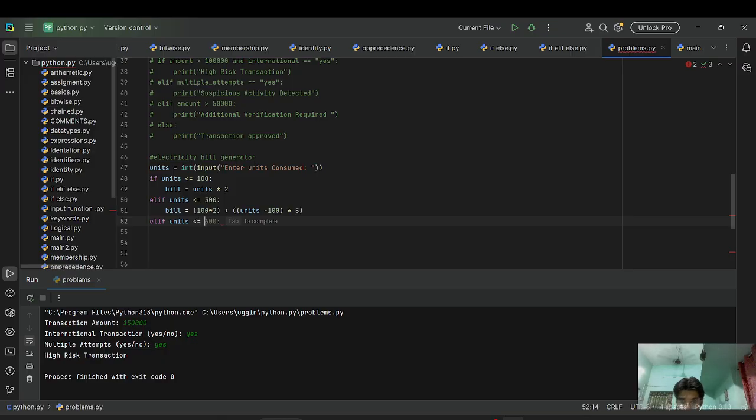Units less than or equal to 500. Now let's take bill equal to 100 into 2 plus 200 into 5, 200 into 8 because we have to calculate the 8 rupee units.